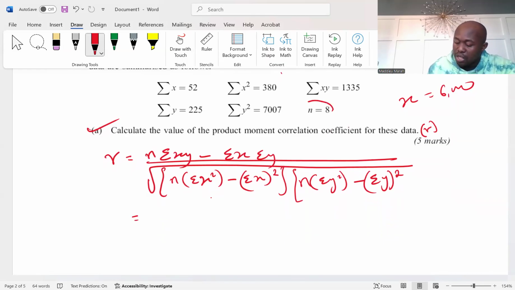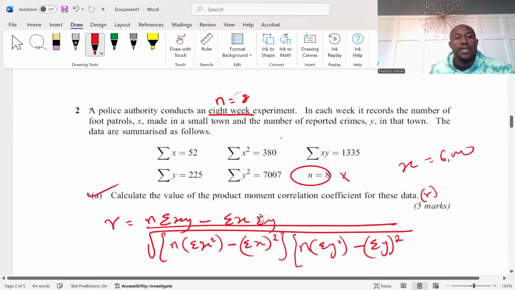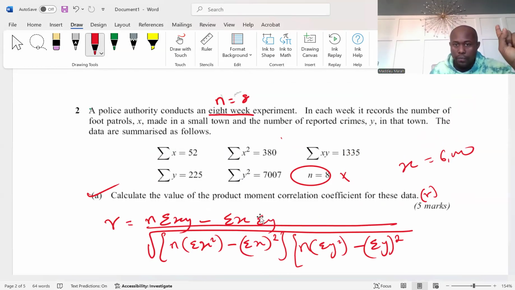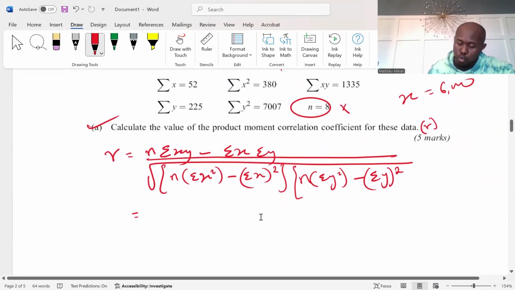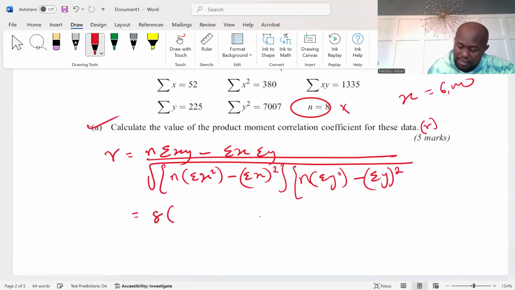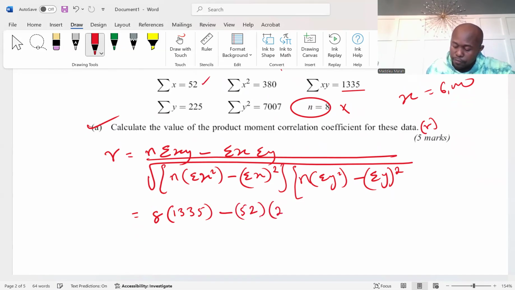Even if we are not given N, while reading the question, you see a police authority conducts an 8-week experiment, so N is automatically 8. So we have 8, sum of XY, which is 1335, minus sum of X, 52, sum of Y, 255.